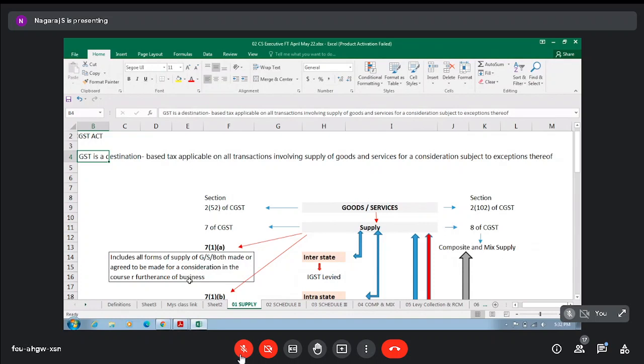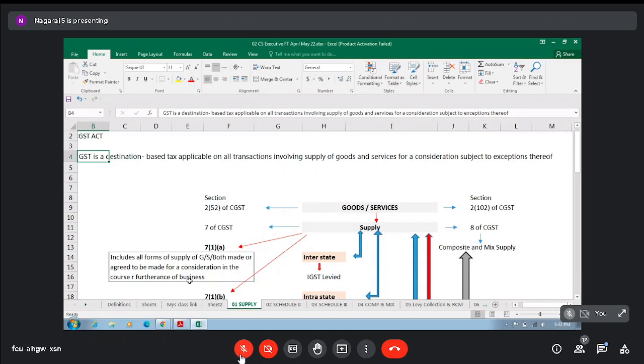And whatever the supply you are doing, it should be in the course of business or for furtherance of business. That means you are using those goods or services as an input for your further production in your business. Example, if someone buys raw material, for the supplier who is supplying the raw material, it is the supply.